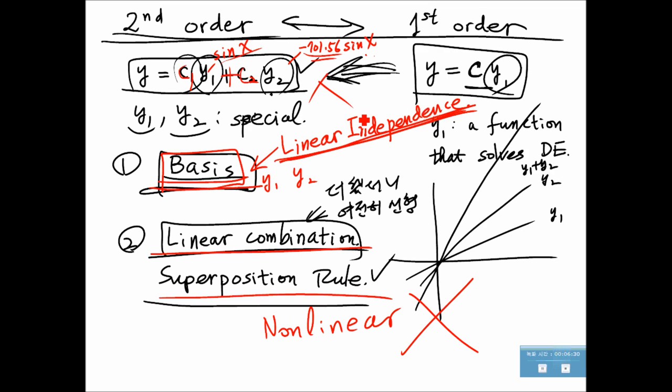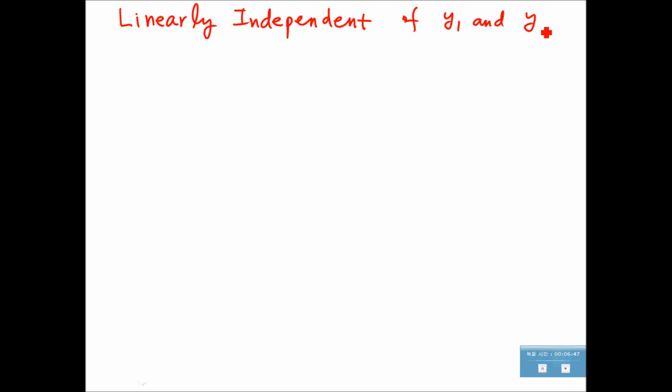So, all right. Linearly independent y1 and y2. What does that really mean?